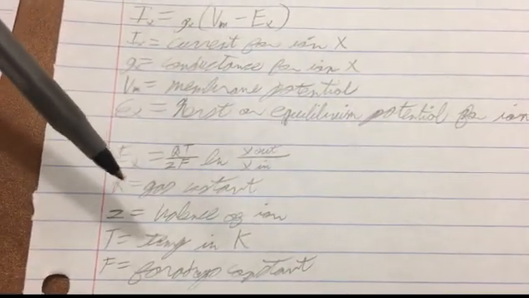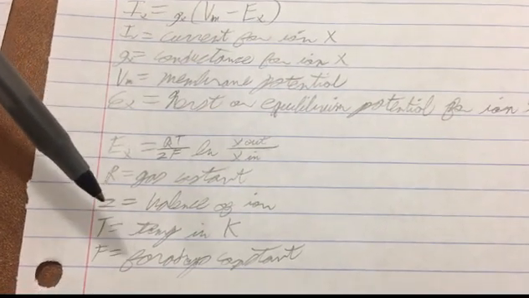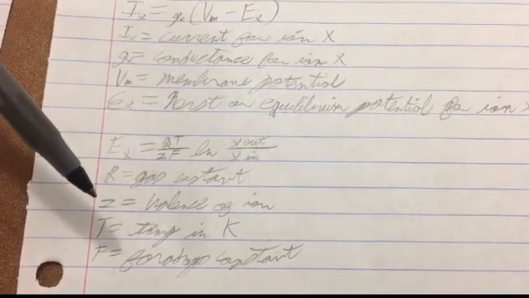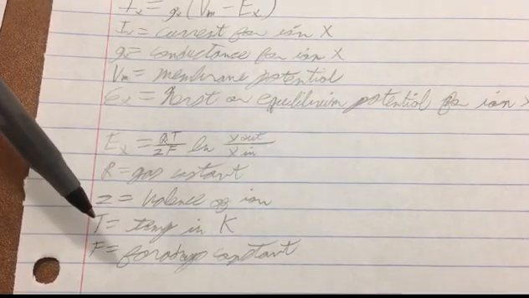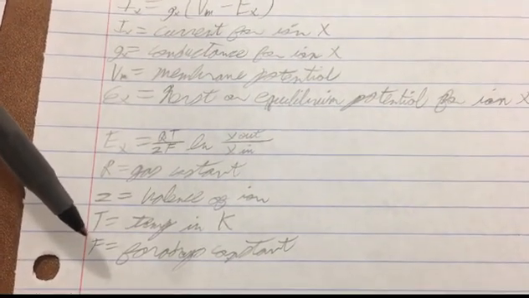So R stands for the gas constant, Z is the valence of the ion, T is the temperature in Kelvin, and F is Faraday's constant.